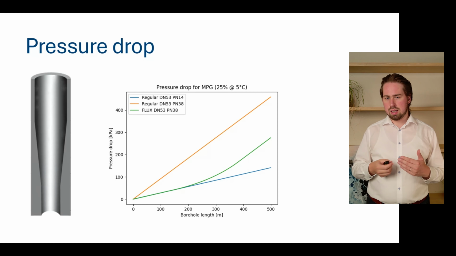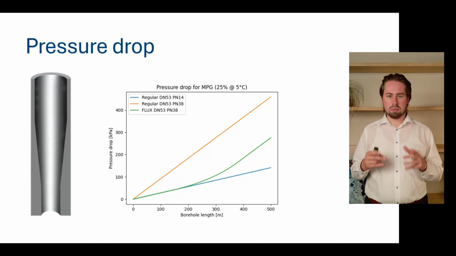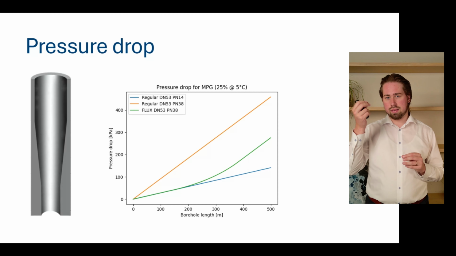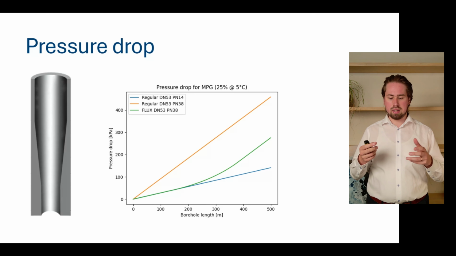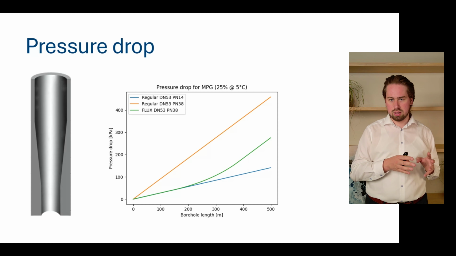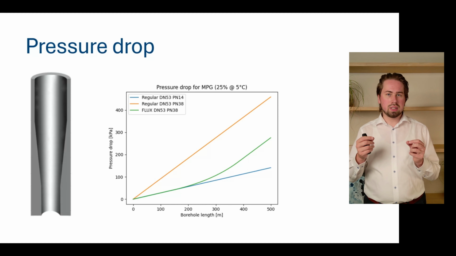And what you can see is that for the first, let's say 200 meters, the pressure drop is mostly similar to the regular probe at a PN40, because basically up until 140 meters it is exactly the PN40, and then it starts increasing, but it increases rather slowly.